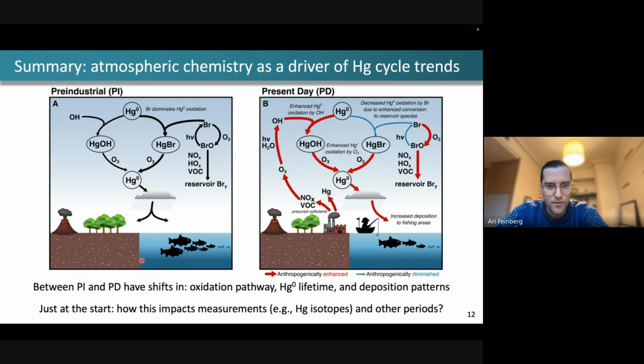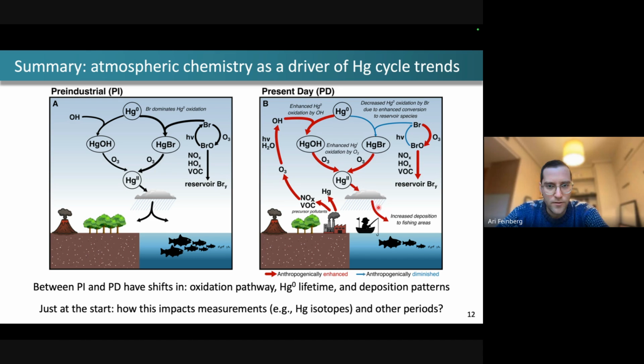So as a summary, what we've seen is that these different changes in atmospheric composition between pre-industrial and present day have changed both what oxidation pathway is more favored for elemental mercury, as well as the overall lifetime of mercury and the patterns of deposition, which can impact health.